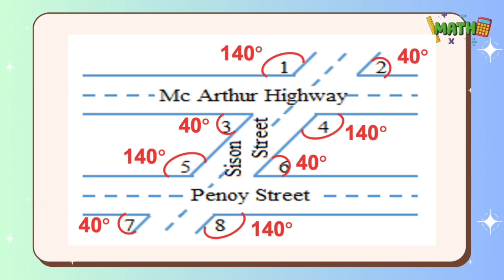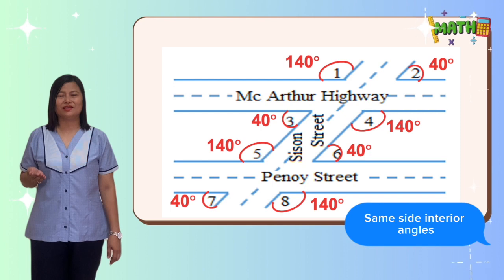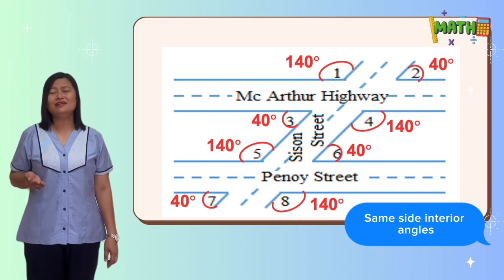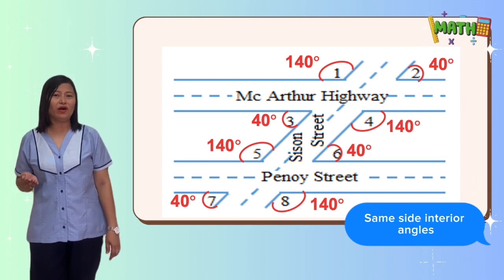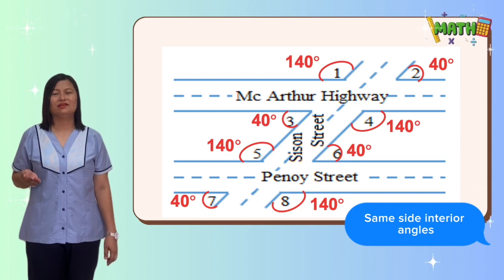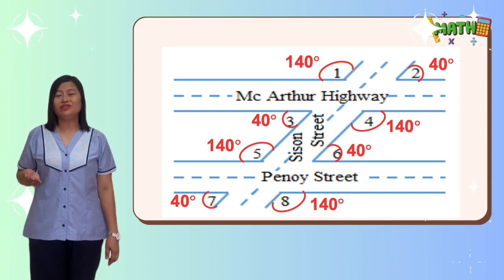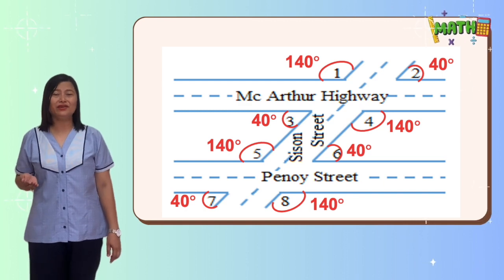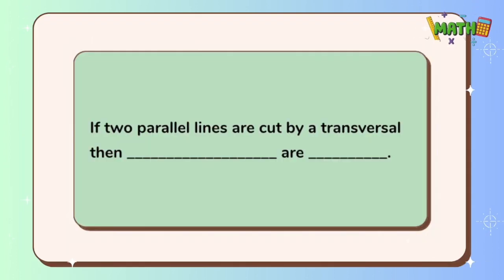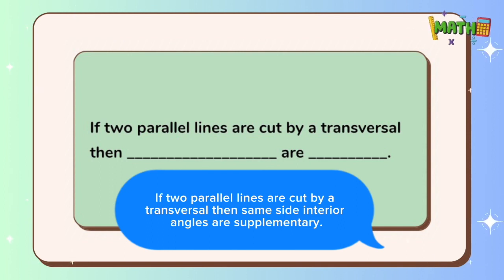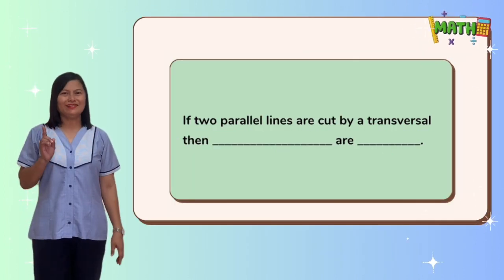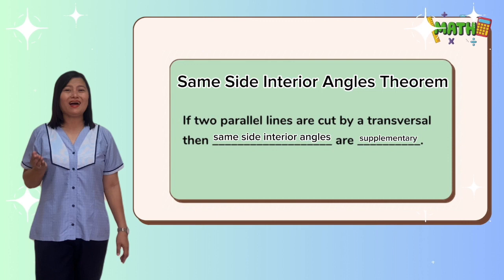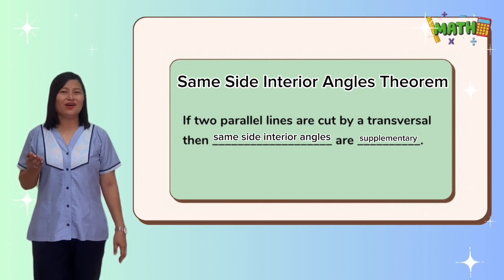And what pair of angles are angle 4 and angle 6? Correct. They are same side interior angles. Thus, what can you conclude about same side interior angles? Awesome! That is the same side interior angles theorem, children.